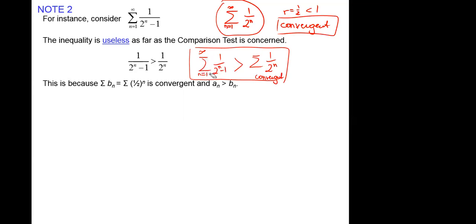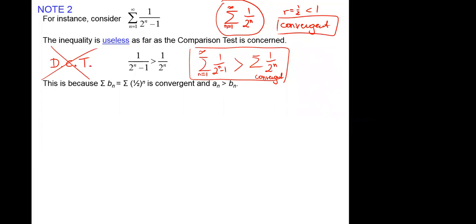Of course, no. Because if this is a finite number, something that is bigger could be a finite number, but it could also be infinity. That means if you have this formula, the direct comparison test is not applicable. We can't use it directly.